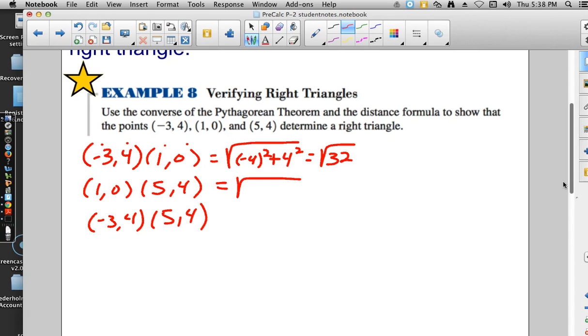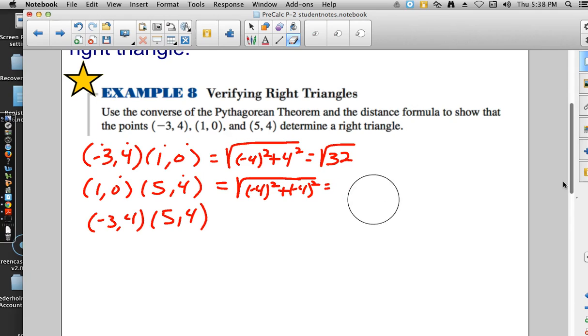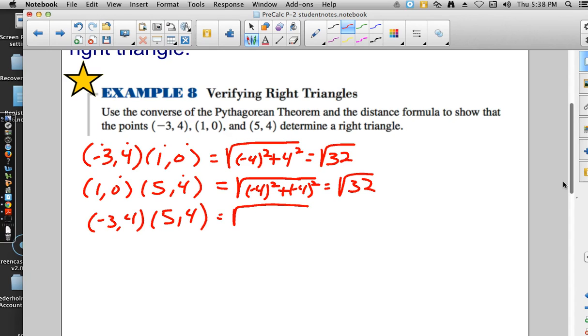And then for this one, we'd have 1 minus 5 is negative 4 squared, and 0 minus 4 is negative 4 squared. Again, we get the square root of 32, 16 and 16. All right, one more to go. Negative 3 minus 5 is negative 8 squared, and 4 minus 4 is 0.